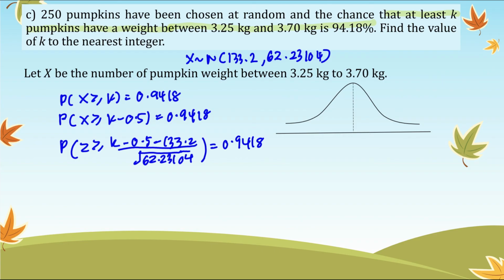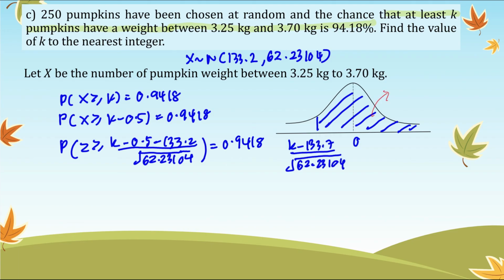So in the bell-shaped curve, our value will be on the left side. 0.9418, more than half. We can simplify 0.5 and 133.2, so it will be 133.7. This area is 0.9418.